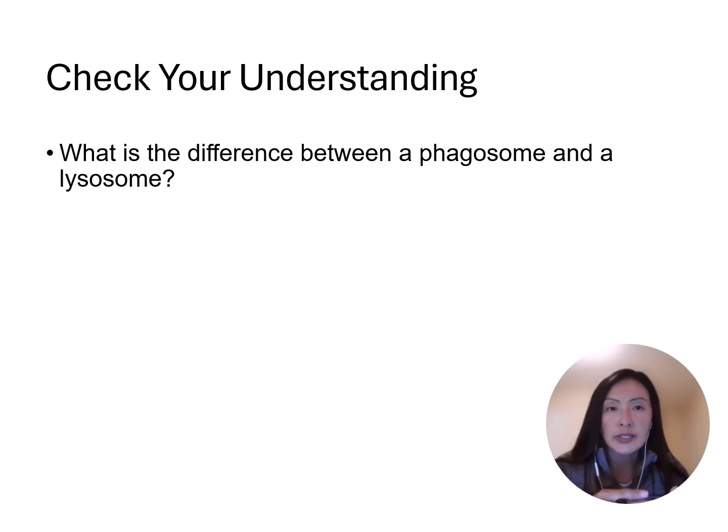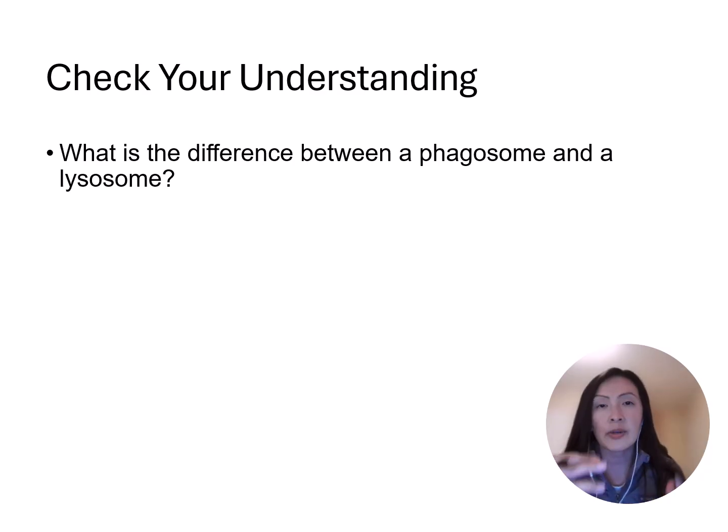A lysosome is a cytoplasmic organelle that contains digestive enzymes like lysozyme, phospholipases, or proteases. Inside lysosomes, we also have enzymes that have the ability to produce ROS. When the lysosome and phagosome fuse together, we get that phagolysosome. This is where the microbe is killed and digested.